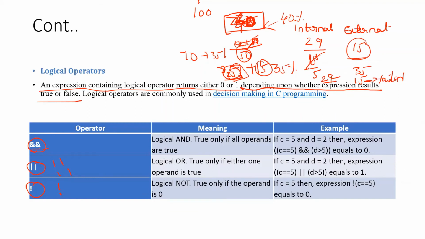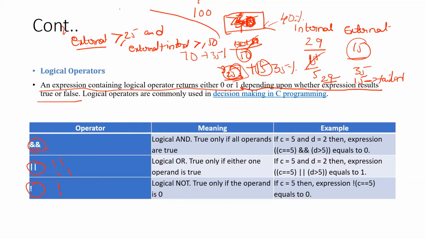So here you are supposed to check two conditions. One condition is whether he got above 35 percent or not, and the sum of internal plus external should be greater than or equal to 50. So I need to check external marks greater than or equal to 25, and the sum of external plus internal should be greater than or equal to 50.